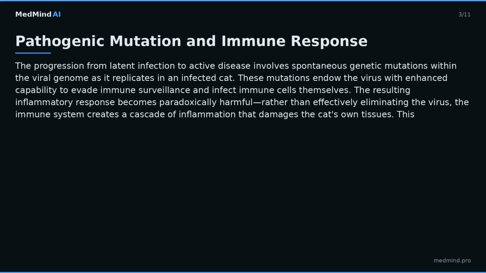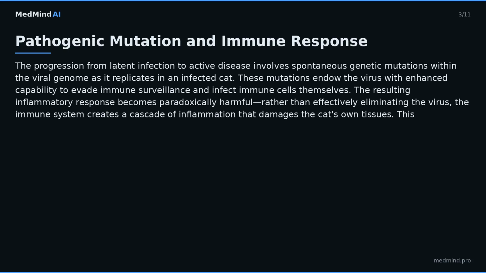Pathogenic mutation and immune response. The progression from latent infection to active disease involves spontaneous genetic mutations within the viral genome as it replicates in an infected cat. These mutations endow the virus with enhanced capability to evade immune surveillance and infect immune cells themselves. The resulting inflammatory response becomes paradoxically harmful.